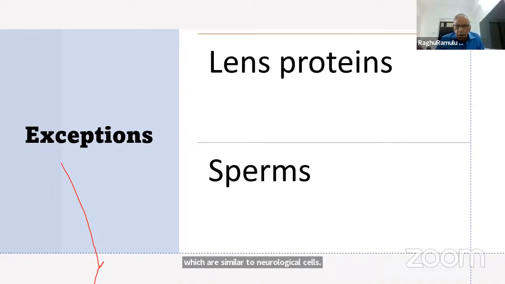Therefore, they're dendritic in appearance, but they are responsible for immunological reactions also.